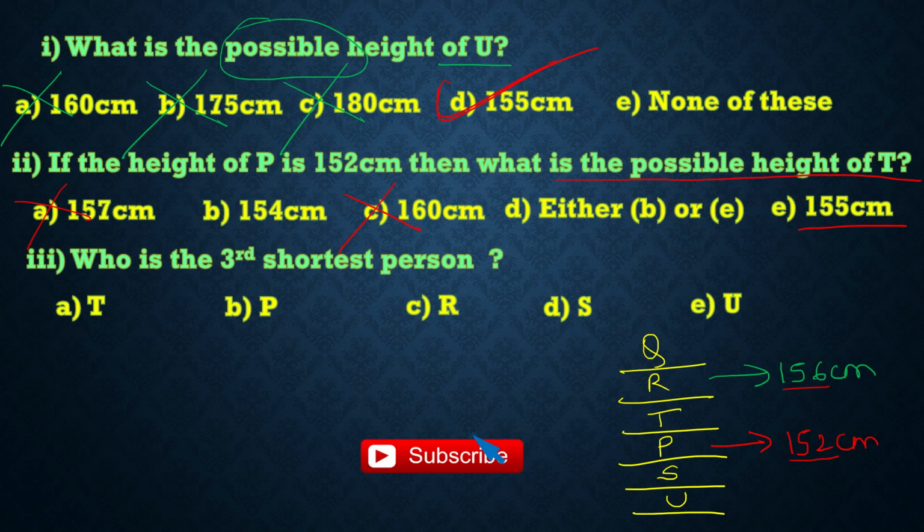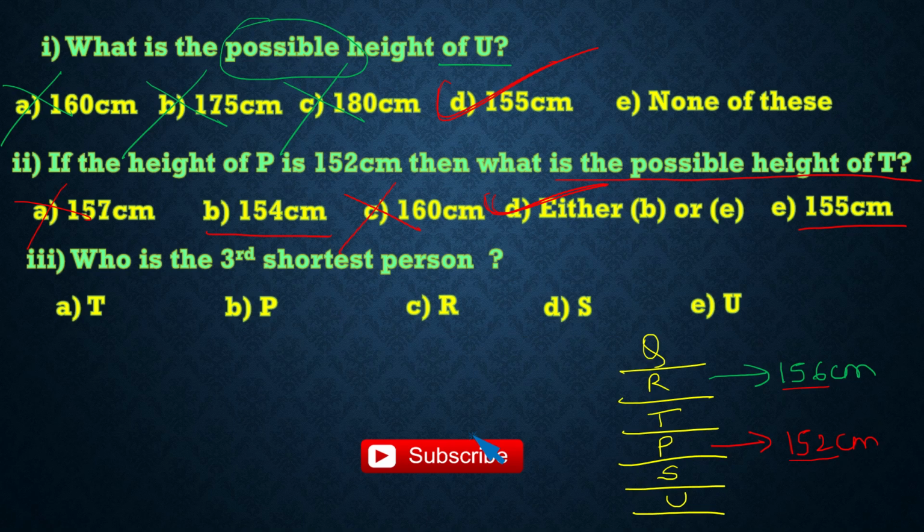So 154 and 155 centimeter both are correct. Either can be the possible height of T, so the correct answer is D.